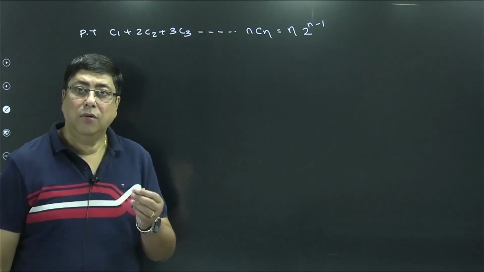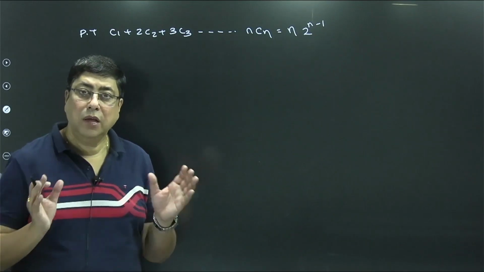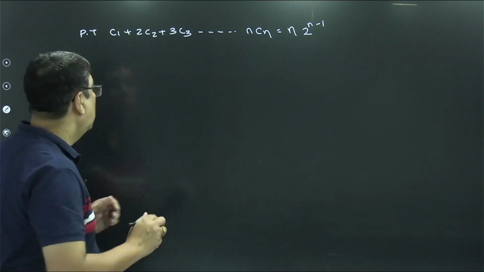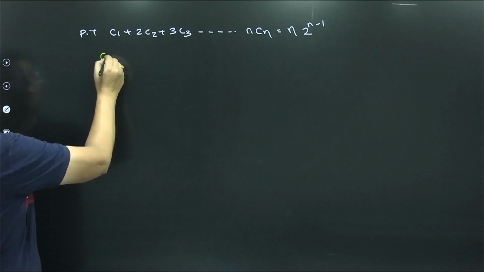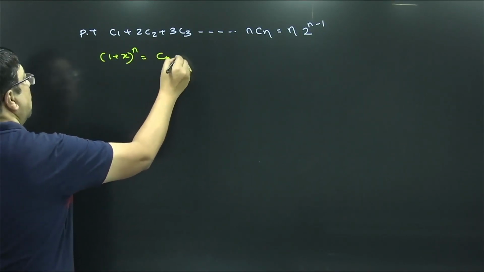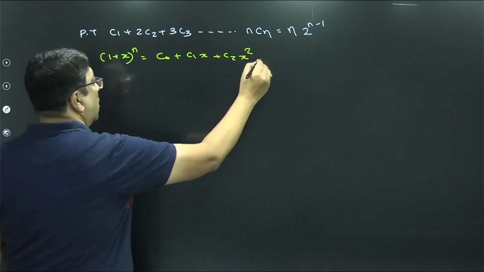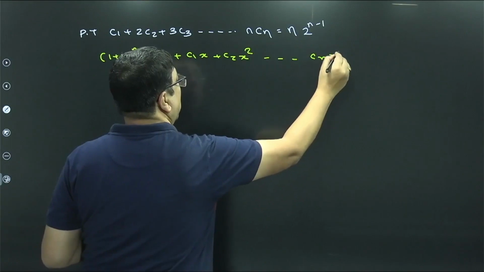Let us use calculus, so it will be easier for us to solve the sums in the shortest possible way. So let us start with 1 plus x whole to the power n, that is C0 plus C1x plus C2x square up to Cn x to the power n.